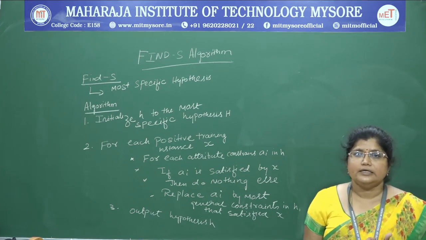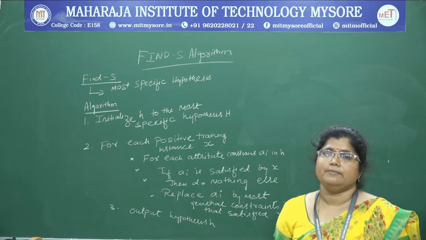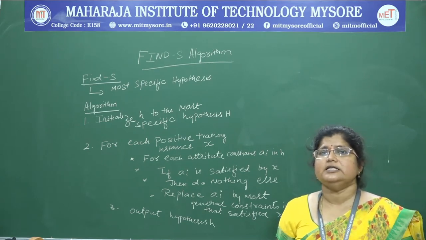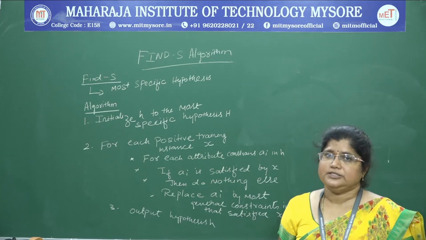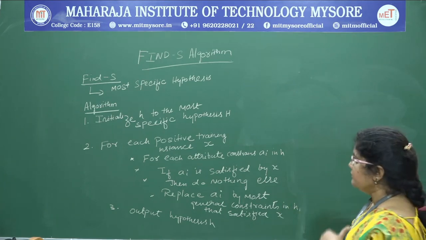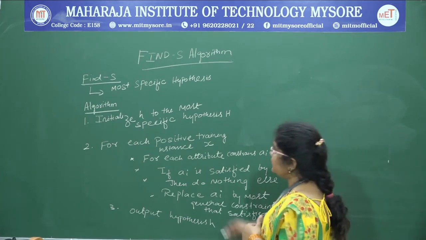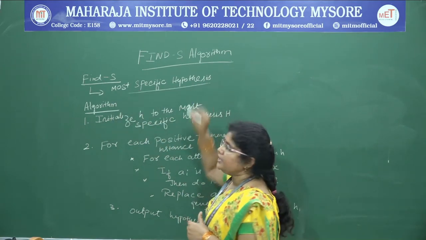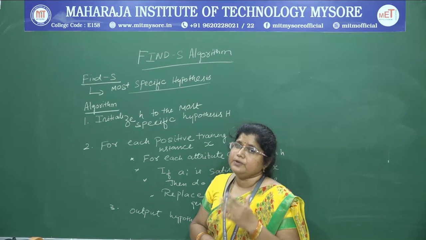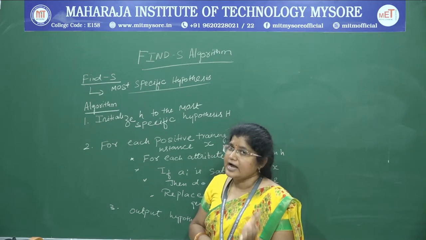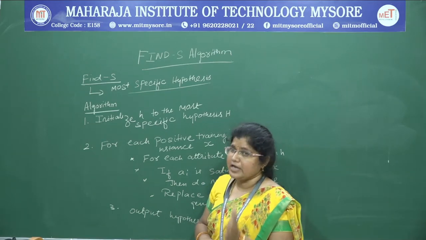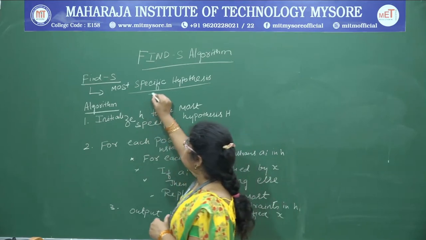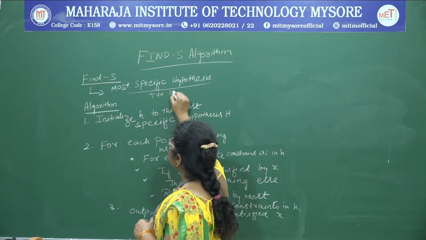It can address only the positive examples or positive instances of the data set. That is the main reason why we use the Find-S algorithm. It starts from the most specific hypothesis and generates a maximally specific hypothesis, and it can address only the positive examples.